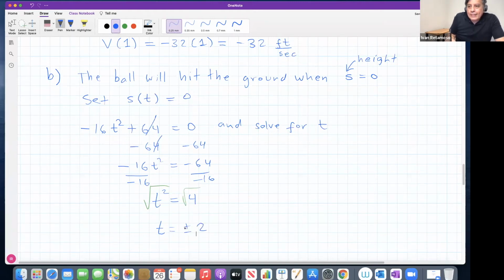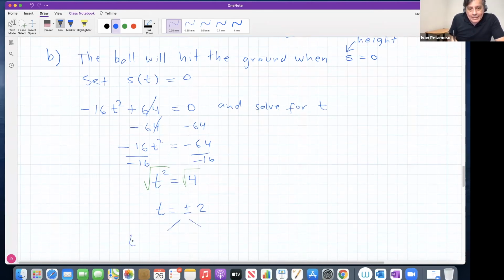2. However, guys, we are dealing with time, and time only makes sense when it's positive. The mathematics is telling me that there are two possible solutions for this equation, +2 and -2, but physics, the real world, is telling me that only this one makes sense.